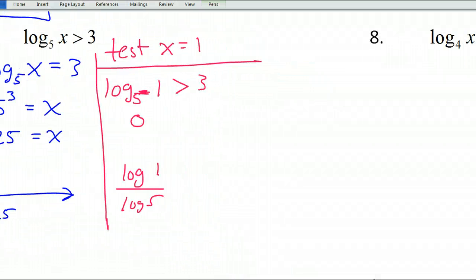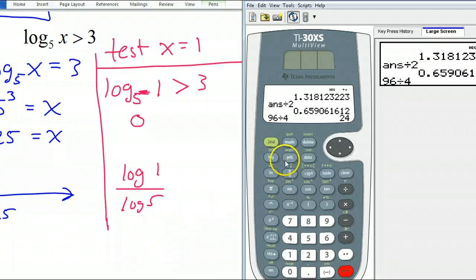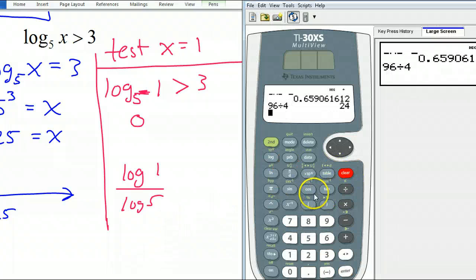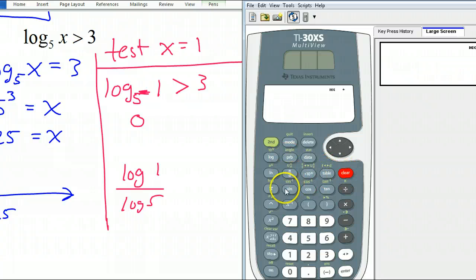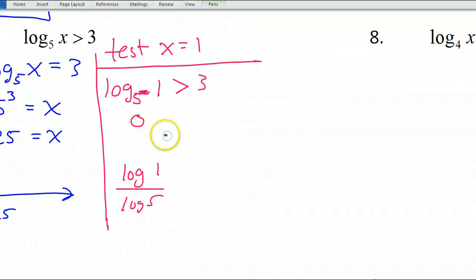So if I do log 1 over log 5, see how I get 0? So even if you didn't know it in your head like you're supposed to, you could still come up with the right answer.